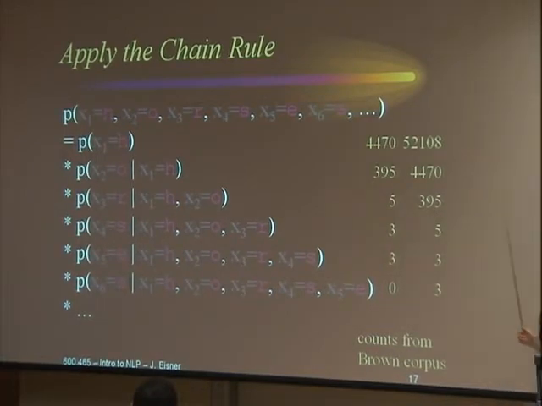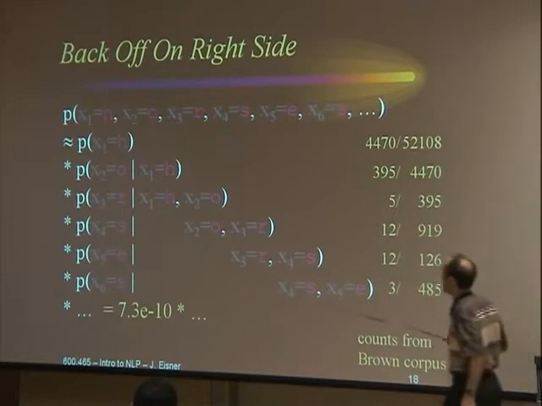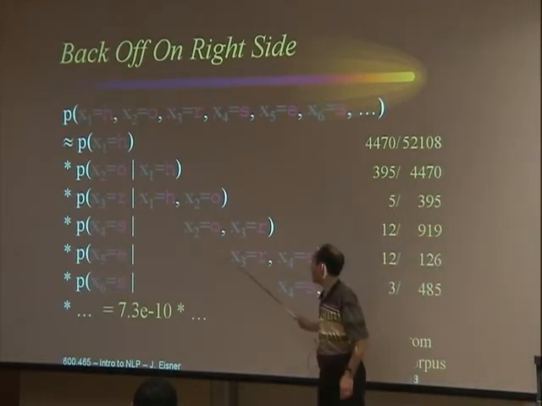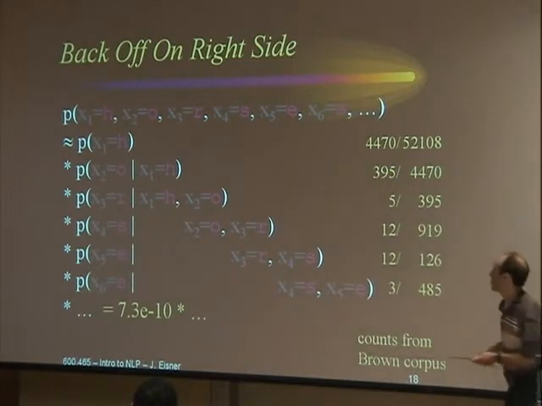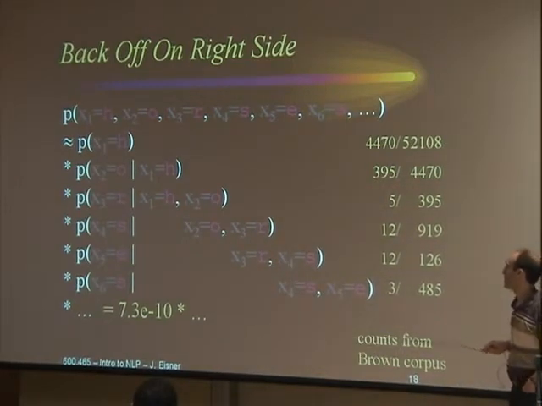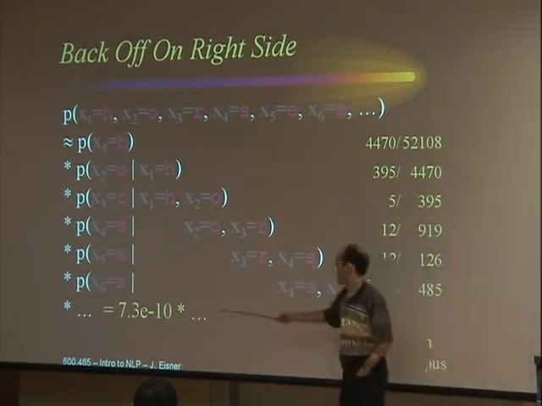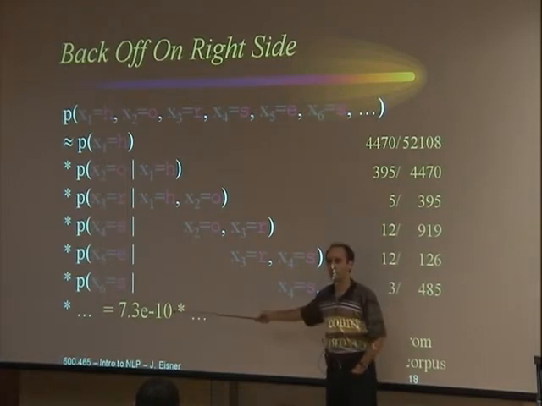Back off. Look where the light's better. Okay, so if we back off, where for every letter we ignore everything before the previous 2 letters, now these numbers start to go up. And we see that our probability is a little less than 1 in a billion.